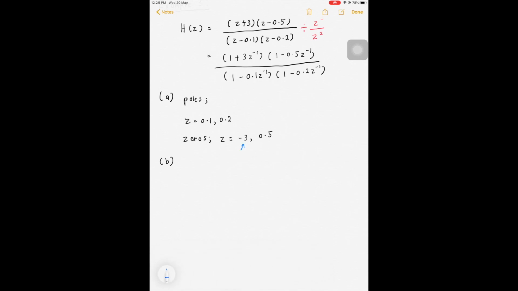In this case, one zero is outside the unit circle, and you have another one inside the unit circle. So basically it is a combination of inside and outside the unit circle. So for question B, the answer is it is a mid-phase function.